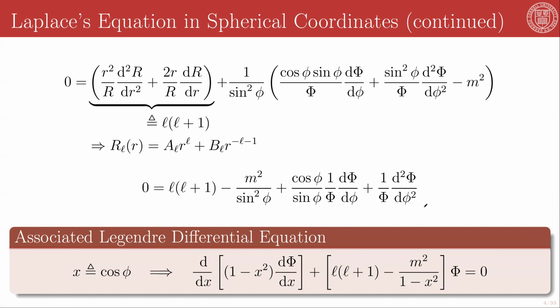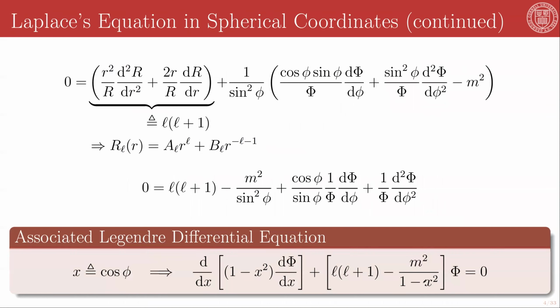For our final separation, we are going to define x as cosine of phi, which means that we can rewrite all of this as the derivative in x of quantity 1 minus x squared times the derivative of function phi with respect to x, plus all of these leading terms where this sine squared phi denominator can be replaced with 1 minus x squared. We have also multiplied things through by this phi denominator, and so that is where this phi comes from.